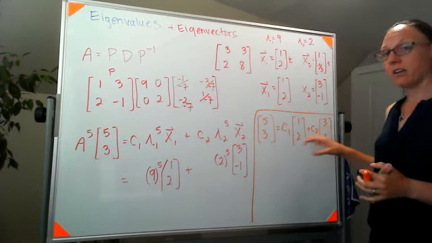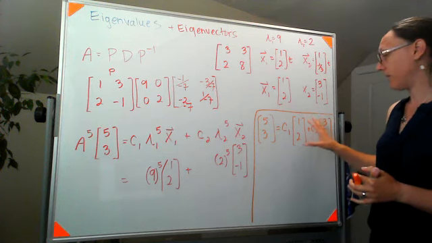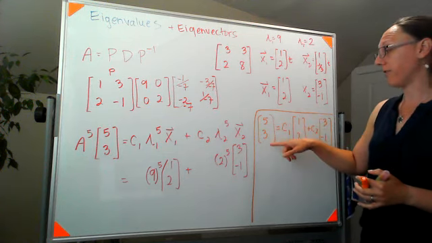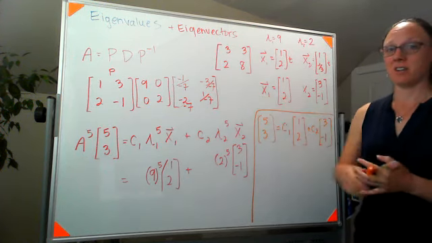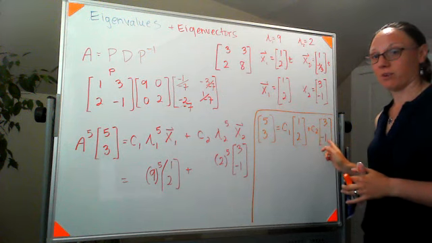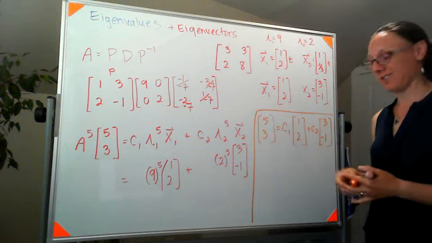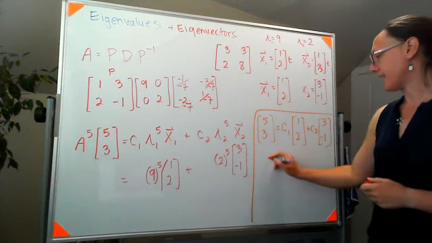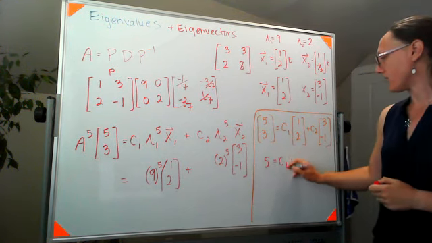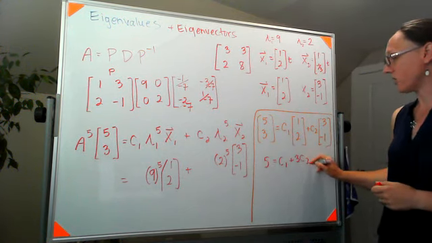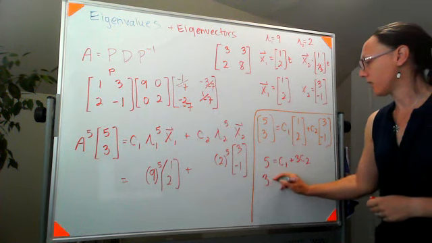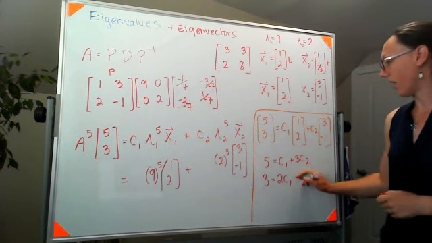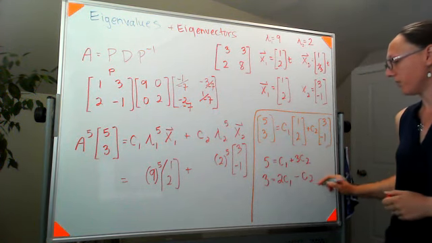So we can turn this into a matrix form and then multiply 5, 3 by P inverse. I'm just going to write this out as 2 equations and solve it. So that says 5 should be equal to C1 plus 3C2, and 3 should be equal to 2C1 minus C2.